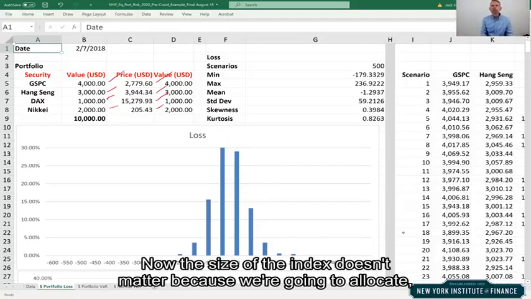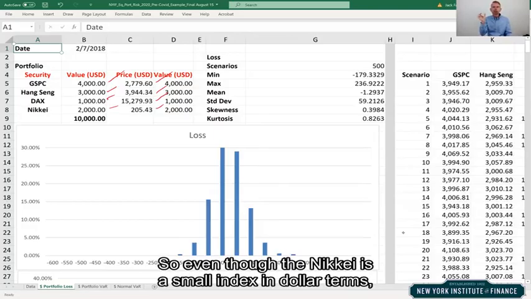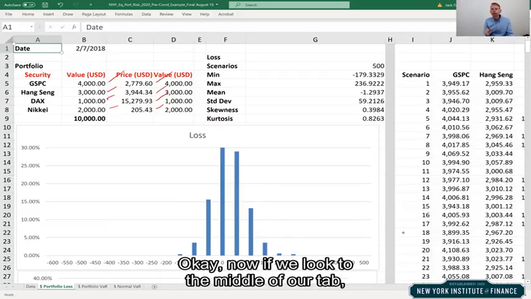Now, the size of the index doesn't matter because we're going to base our allocations on a dollar amount of that index. So even though the Nikkei is a small index in dollar terms, it's still going to be 20% of our portfolio. Okay.